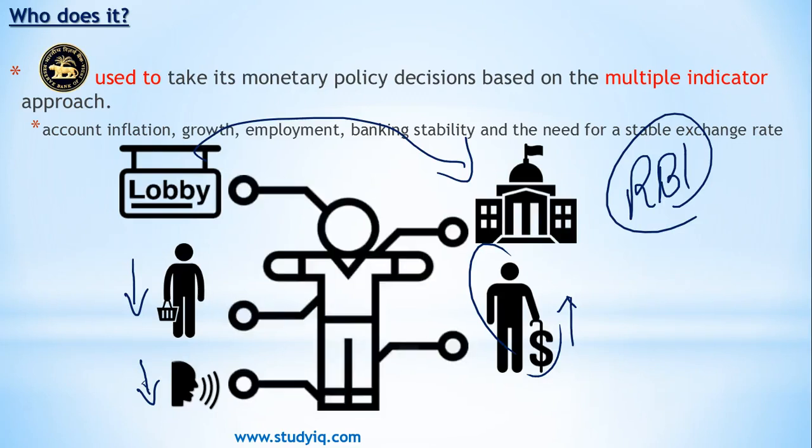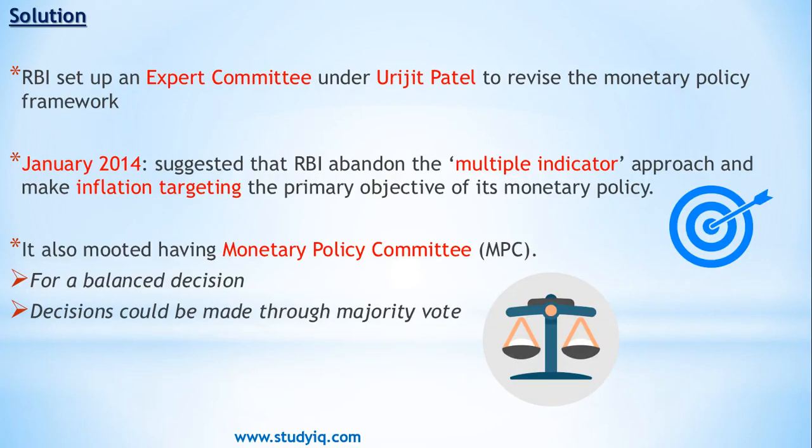So this thing was certainly not working, because it was creating troubles. You have people who are saying yes and people who are saying no. So finally it was decided that there should be an expert committee who can provide some suggestions regarding it. At that point of time, the current governor of RBI was selected for this expert committee.